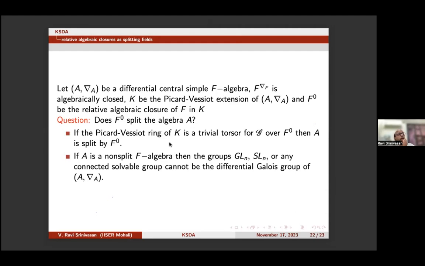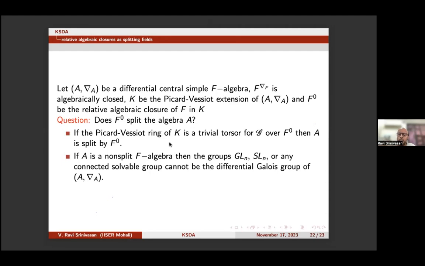When the Picard-Vessiot extension is purely transcendental, splitting the central simple algebra means that the Severi-Brauer variety associated to the central simple algebra, which is a projective variety, has a rational point in the purely transcendental extension. But if any variety has a point in a purely transcendental extension, it must have such a point in the base field.